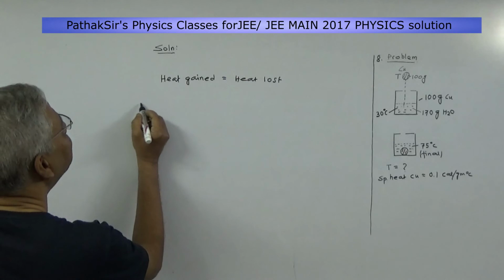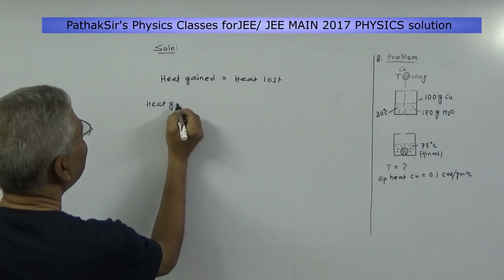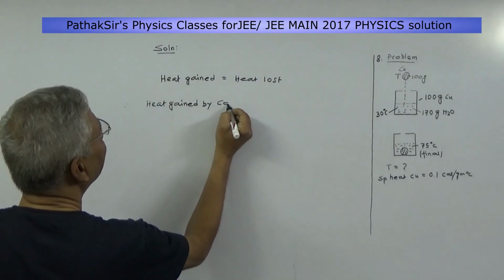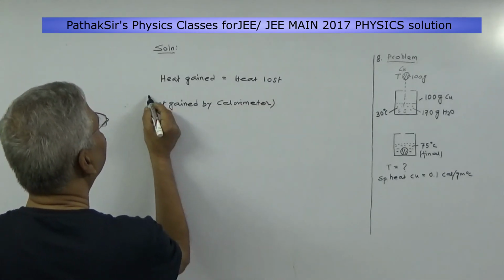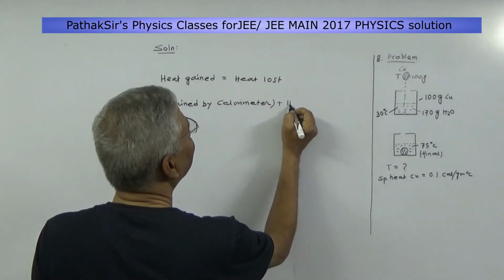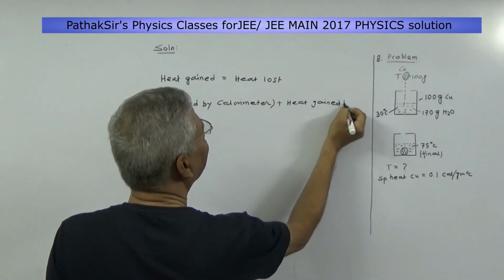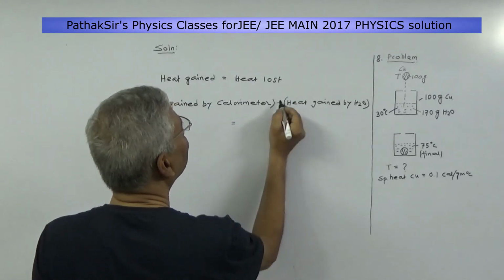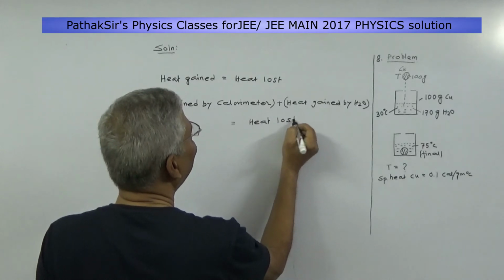So heat gained by calorimeter plus heat gained by water equal to heat lost by copper ball.